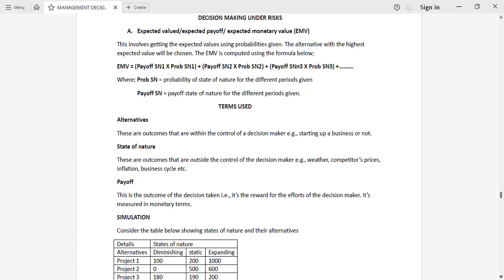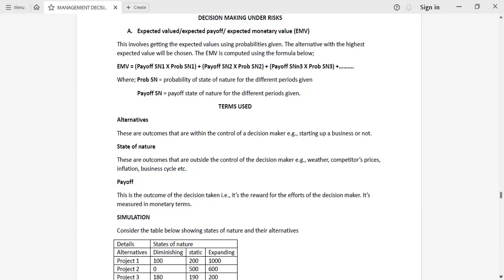So let's try to look at decision making under risks. We've started with the risks. The other item that we shall look at later is decision making under uncertainties. So what are some of the methods that we are going to use that will help us to make decisions under risks? One, we have the expected value. We say the expected value is the same as the expected payoff, is the same as the expected monetary value.